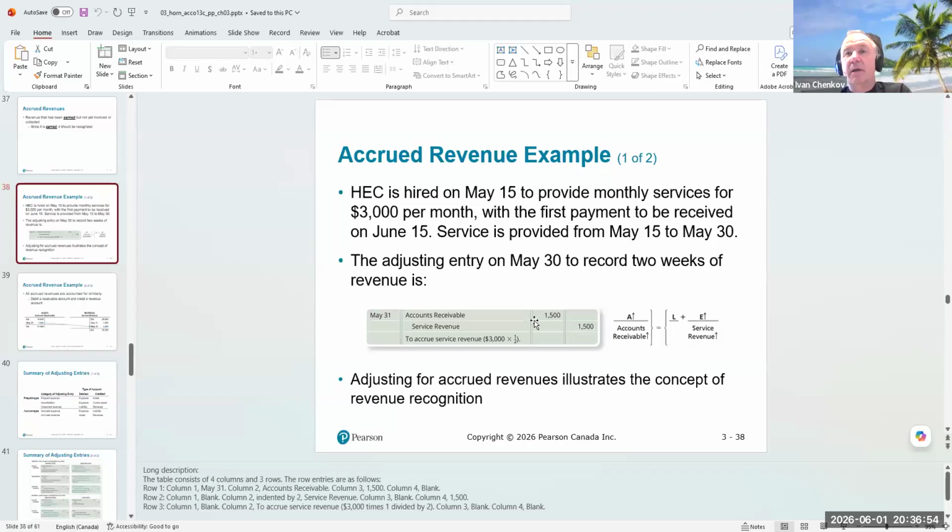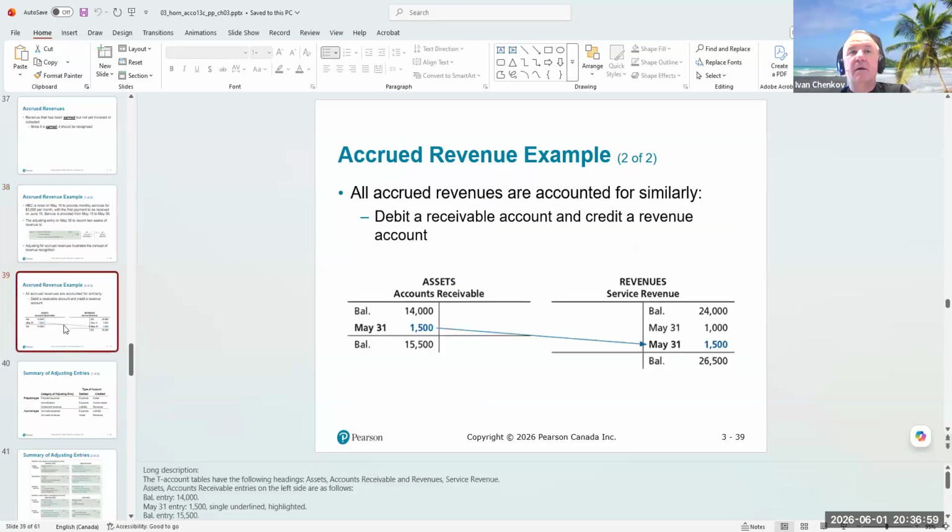Let's go back to slides. And with this revenue, what's happened now? We are going to recognize the revenue of $1,500 at the end of May, which is going to stay as an accounts receivable asset at the end of May.